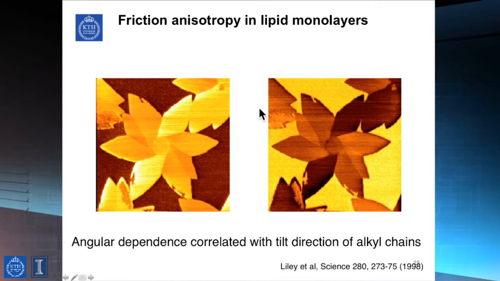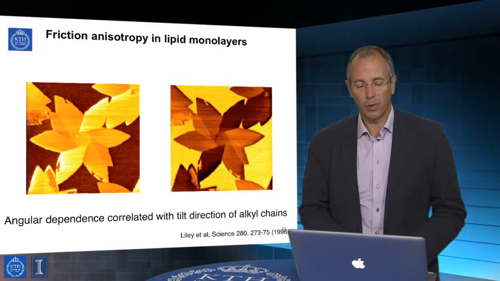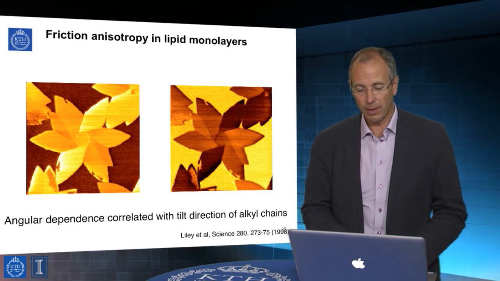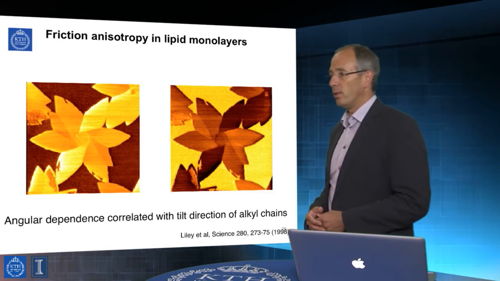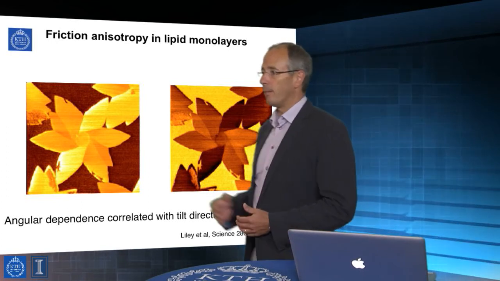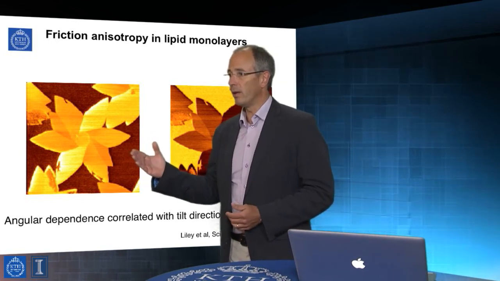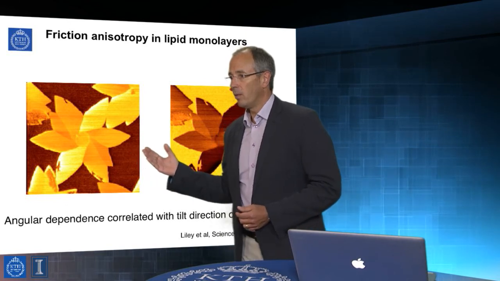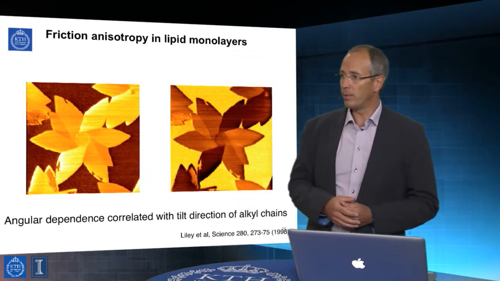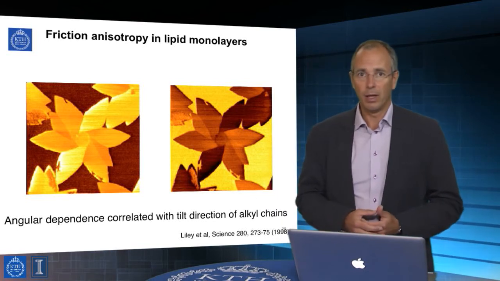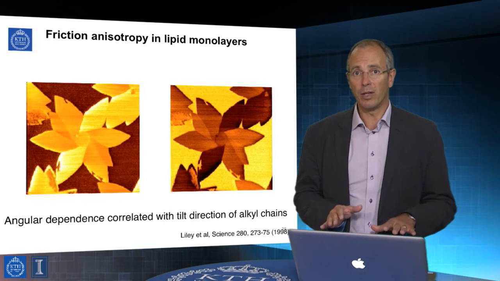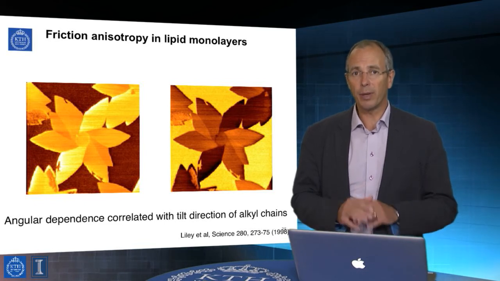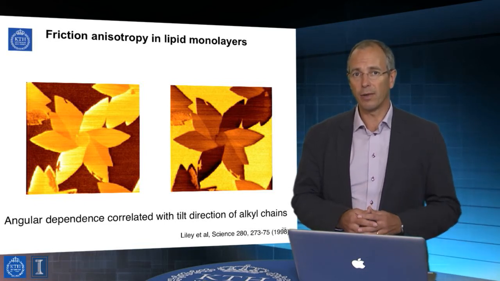And in both cases, we're measuring the frictional force, so the twist in the cantilever. But we're sensitive to, in this case, the molecular orientation of the species. So why are we getting this beautiful contrast, and why is it reversed? Well, if we were to look at the height image of this image, we would see absolutely no topography at all. This is a completely smooth structure, and it consists of phospholipids.